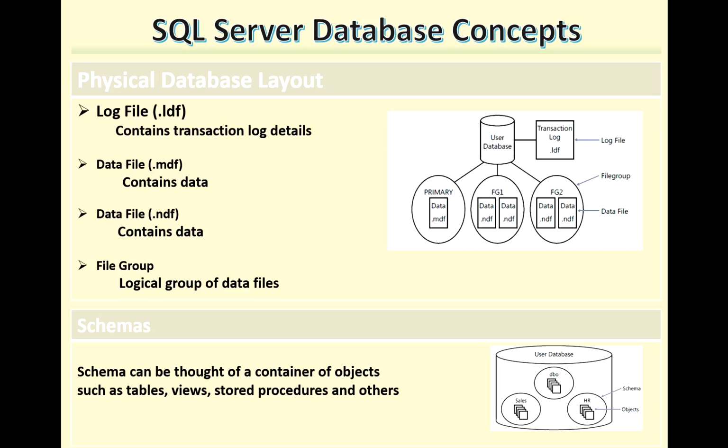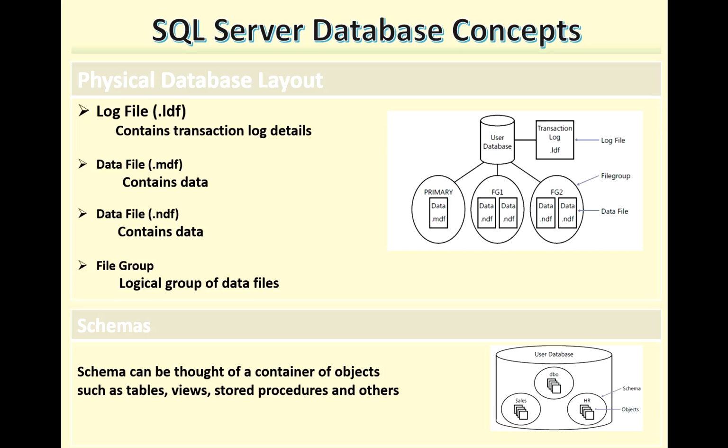A database mainly consists of two kinds of files. Again, the data is stored in the database in files. The database consists of two kinds of files: one is called data files, and one is the log file.